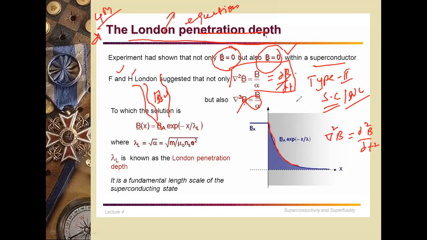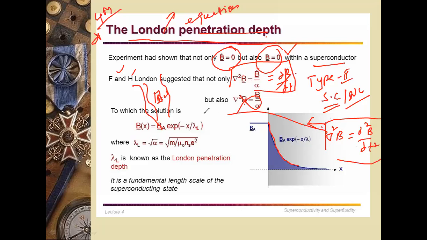This is not just B dot, but this double dot you have to keep. So this is actually the London equation: del square B equal to dou square B by dou T square. This is the equation you should remember.